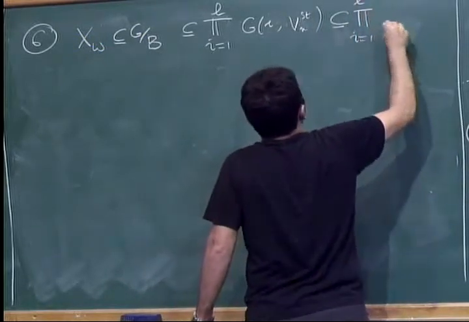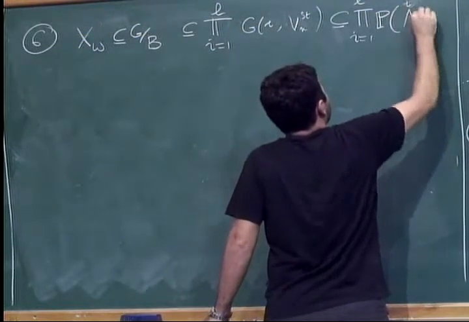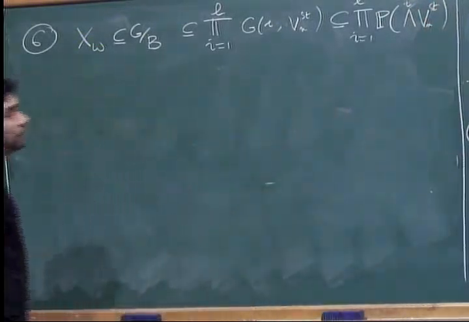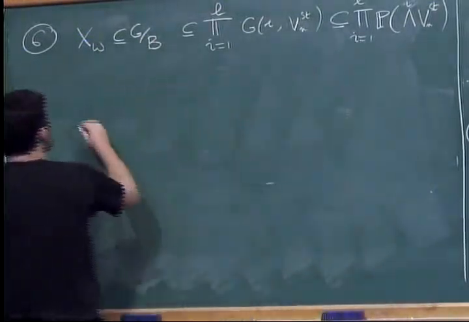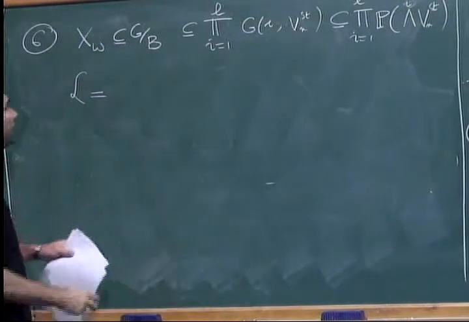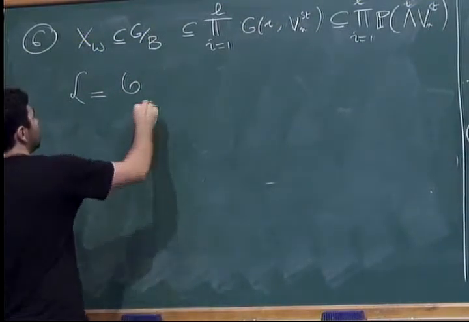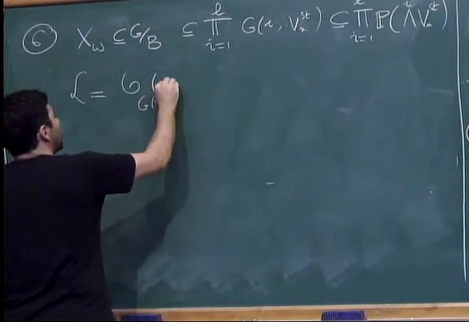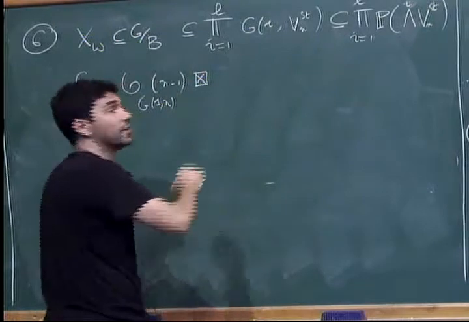You get something in the product of P of lambda i, the standard of k to the power n. So here we have a lot of O(1), which define a line bundle on G mod B. For the Grassmannian G(1,n), you consider O(n minus 1), you pull it back to the product, and then you restrict.